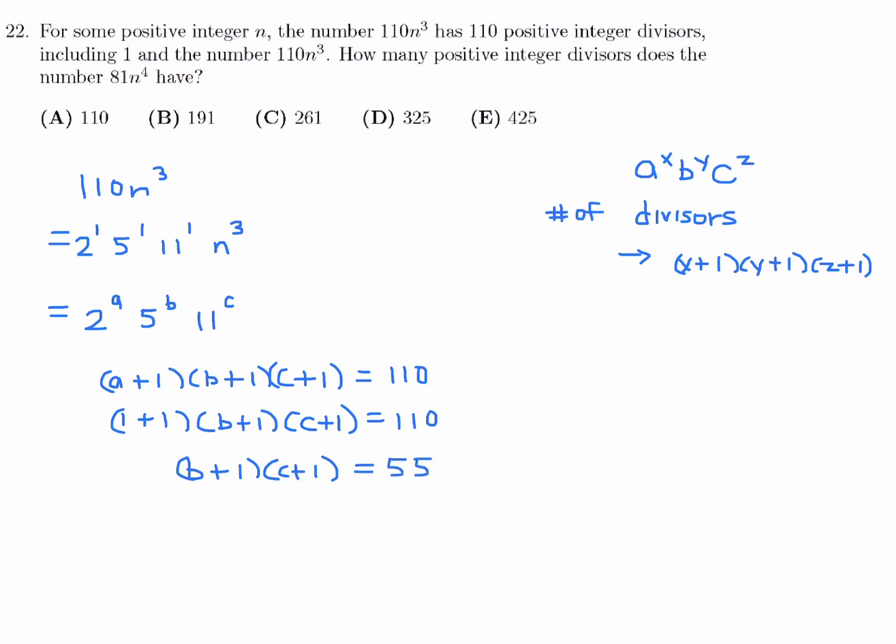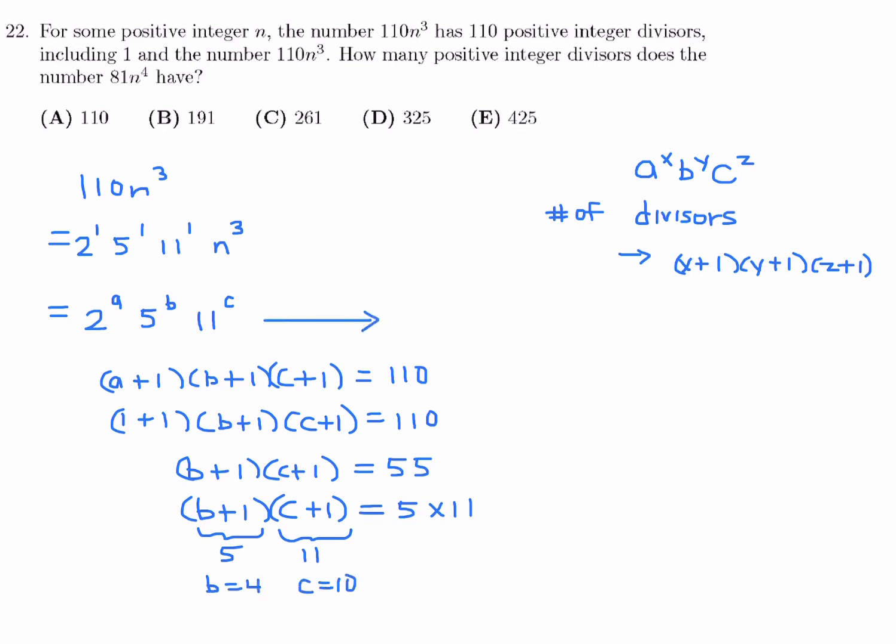Okay, we're making some progress here. Well, 55 is 5 times 11, so that means b plus 1 and c plus 1 are 5 and 11. Let's just say this is my 5 and this is my 11. If that's the case, then b is 4 and c is 10.